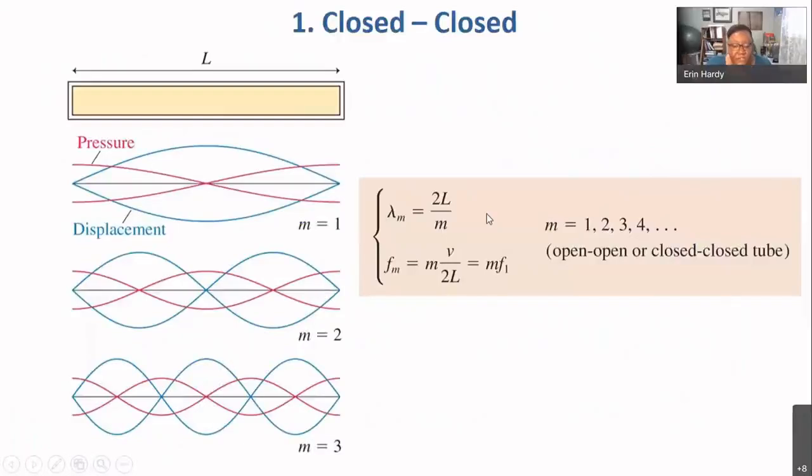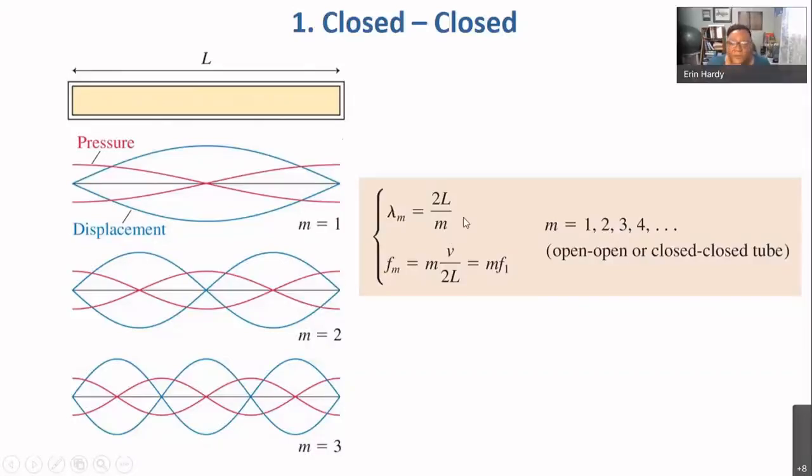Anytime the ends of a tube match, the standing wave that will form in that tube is going to be a half wavelength. So for the case of closed, closed, or I should just say in general, anytime there's a closed end on a tube, a node is going to form there. So for the closed, closed tube, you have 2 nodes, 1 antinode.